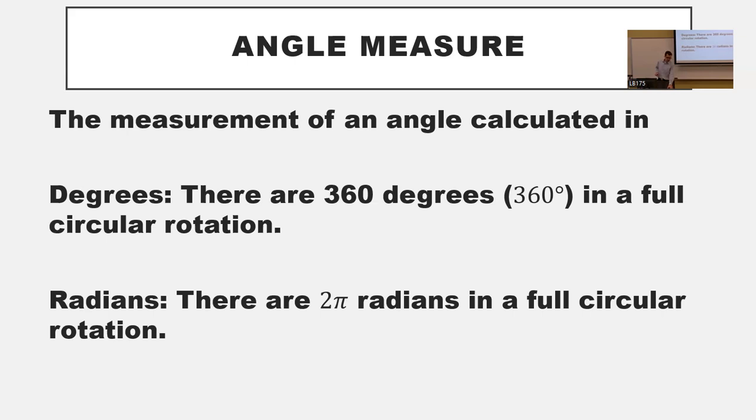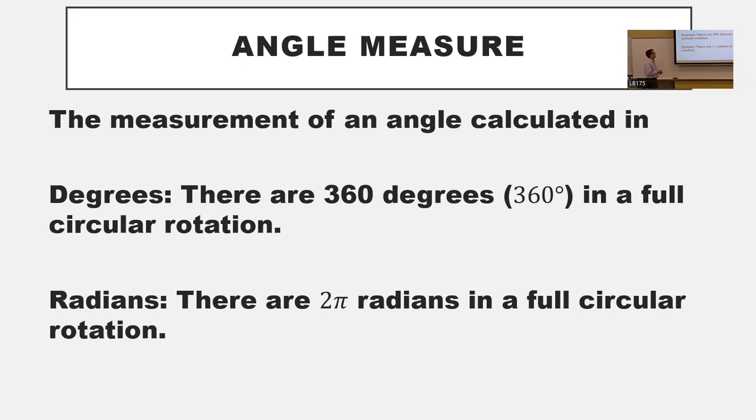In the same way, a full circle rotation in radians is 2 pi radians. And it works in the exact same way. If I have a partial rotation, like a quarter of a circle, that'd be 2 pi over 4, which is pi over 2 radians. Okay.